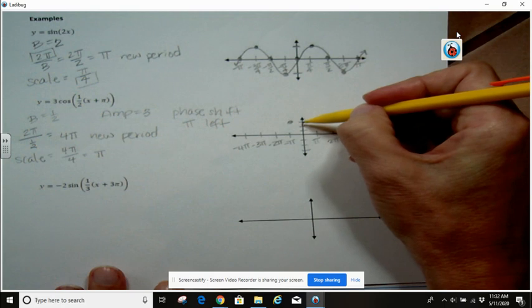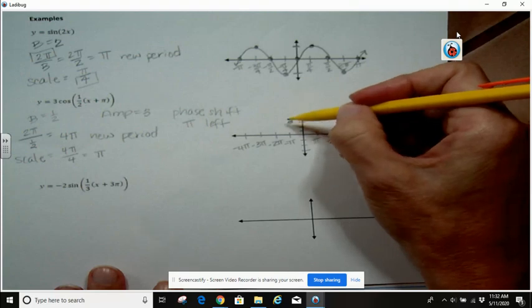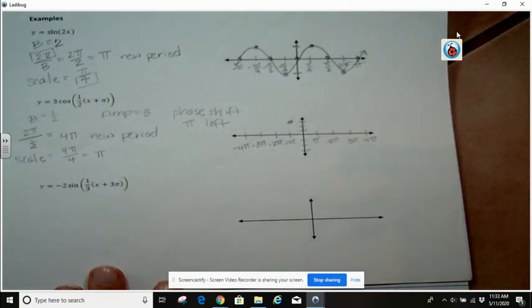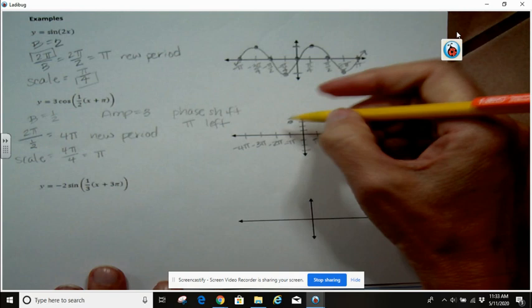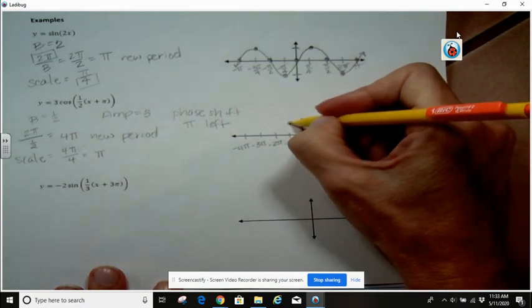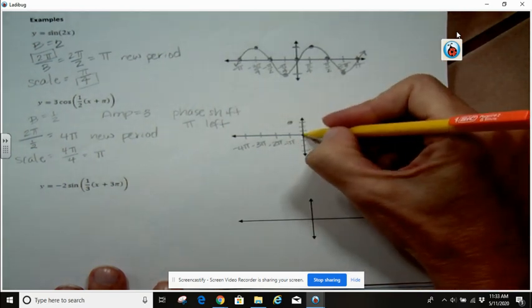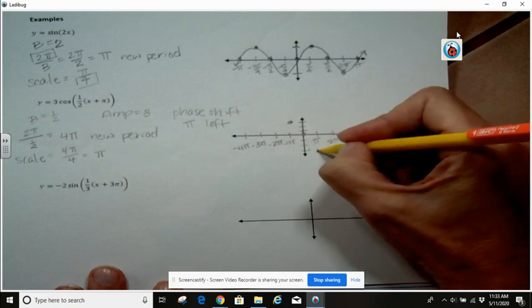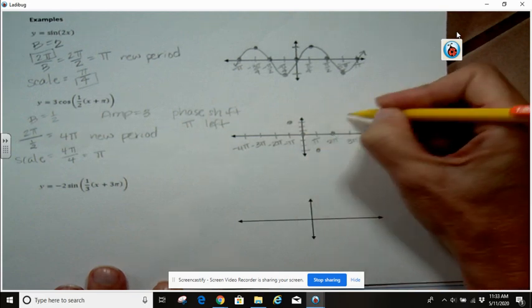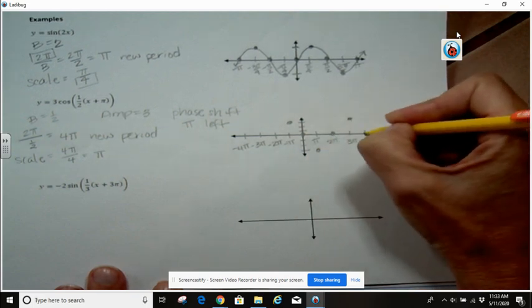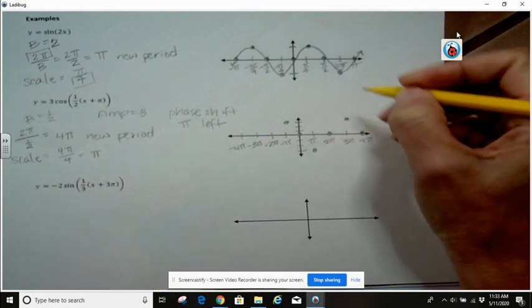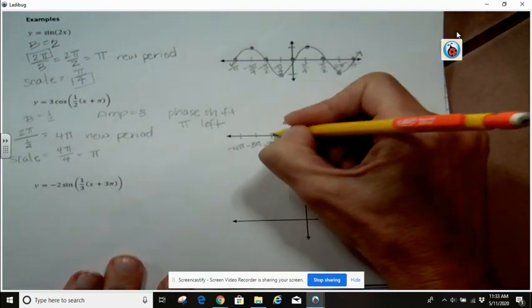So put your pencil where you normally would start your cosine or sine graph, and then move according to the phase shift and put your first point there, and then you can use the pattern from there. So your first point is a maximum here. That always has to be followed by a 0, then a minimum, back to 0, maximum, back to 0, and just keep working that pattern.